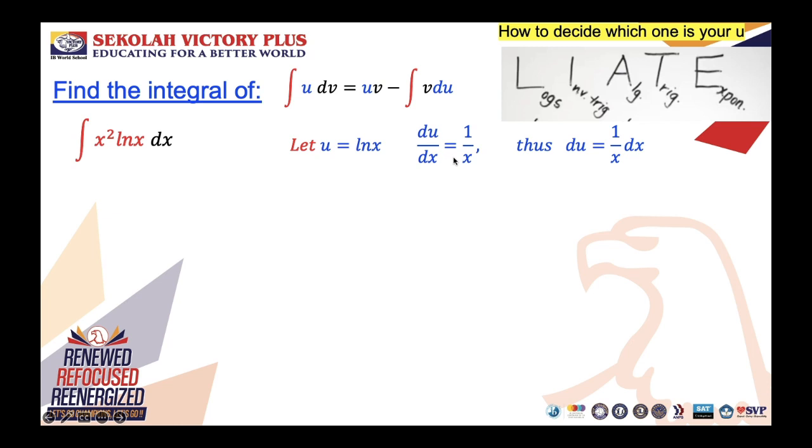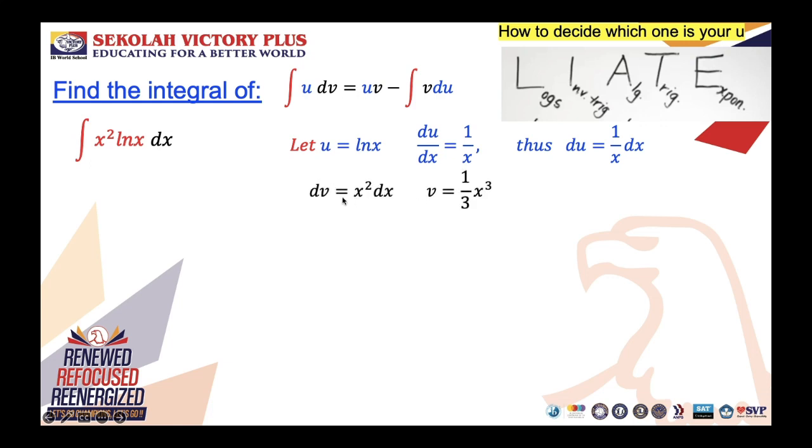Du over dx is equal to 1 over x. Thus, if you want to find du, you have to cross multiply: du is equal to 1 over x dx. Since this is our u, the remaining x squared dx becomes our dv.